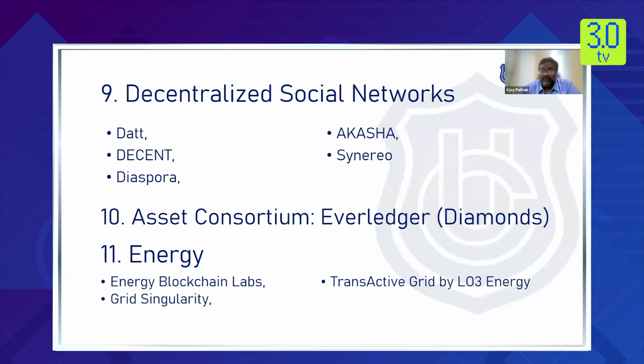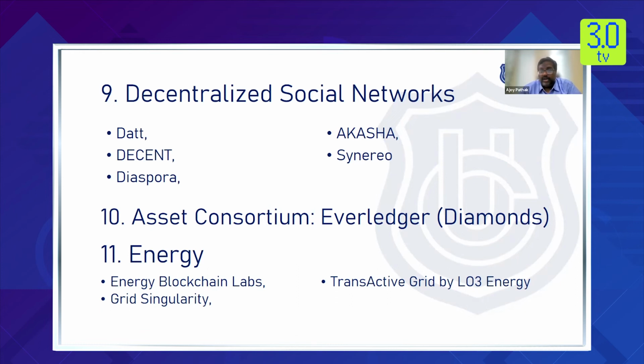One example is Everledger, which is bringing the entire diamond market as a consortium onto blockchain, and making provenance of ownership of diamonds linked with your digital identity. So basically, if somebody has stolen your diamond and is trying to sell it, he won't be able to. Good news, right?